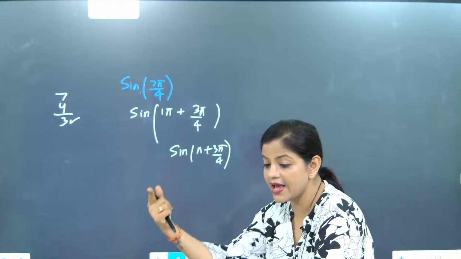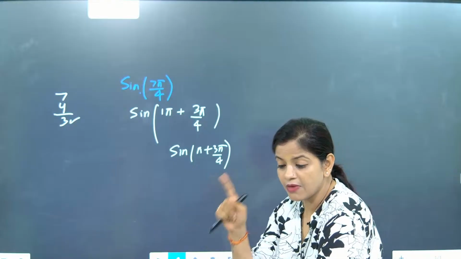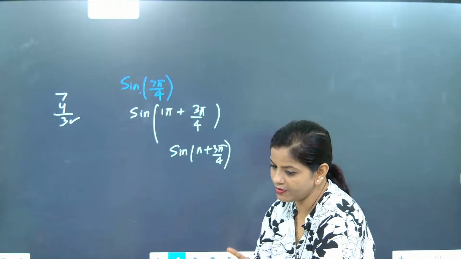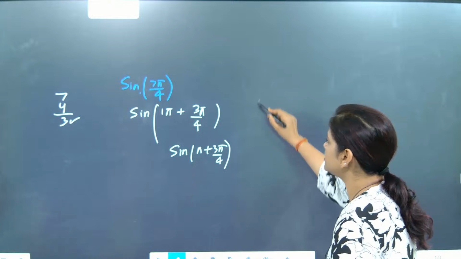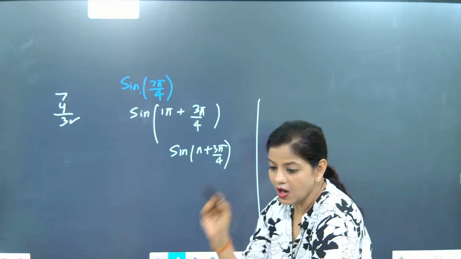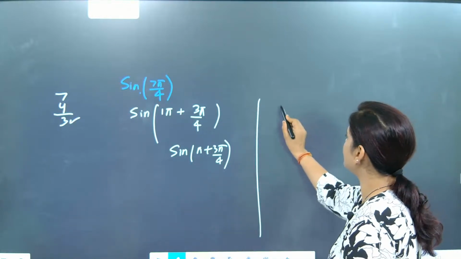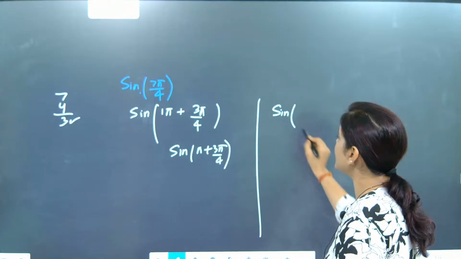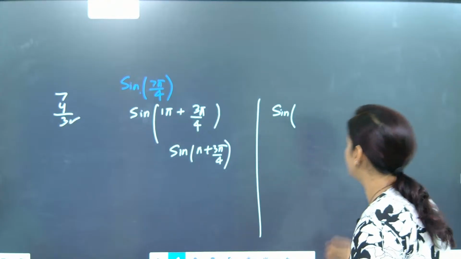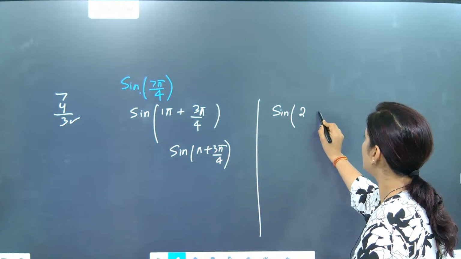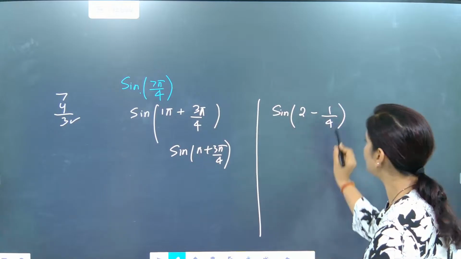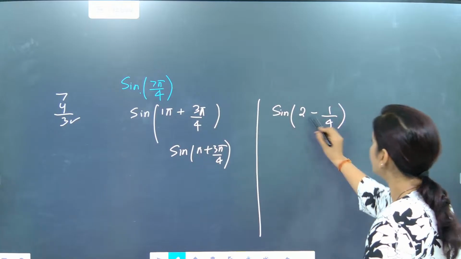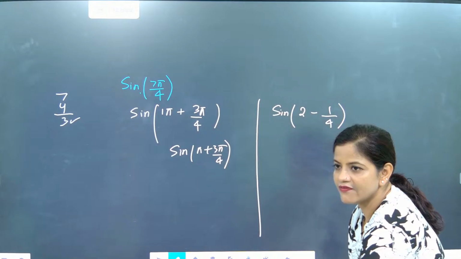Now table of 4. 4 twos are 8. 8 minus 1 is 7. Remember, 8 minus 1 is 7. Understand this one time. Same thing, how we can write: so here it will become sine, now, beta, 8 minus 1, so 2 minus 1 by 4. Now you see, 4 twos are 8, 8 minus 1 is 7 by 4.